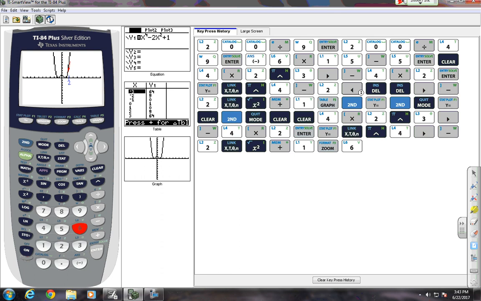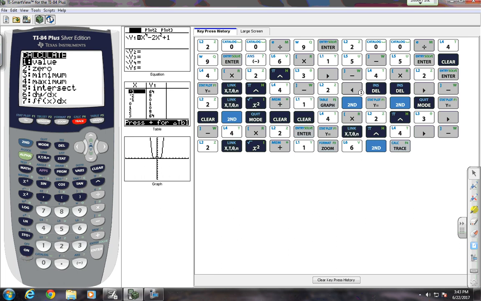To calculate slope, we're going to use this Calc menu directly above your Trace button. To access that menu, we press the second key and the Calc button. Notice option number 6 is dy over dx. That's the same thing as derivative. And we're interested in calculating the slope at x equals 2.